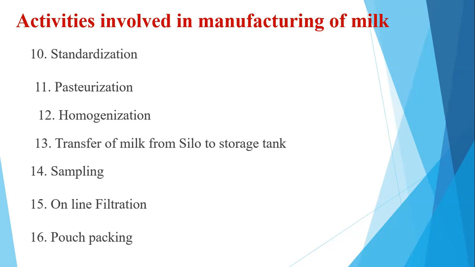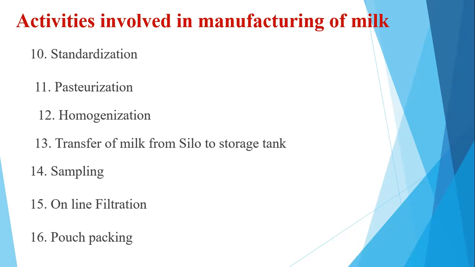Homogenization is a process that helps in breaking these fat globules. This results in an equitable distribution of the cream within the milk, and prevents the formation of a cream layer on the milk. So that's where milk gets homogenized.